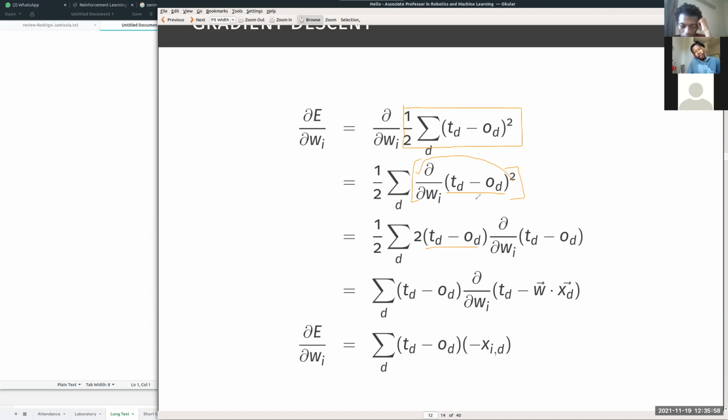Now that is the derivative of the inside term with respect to Wi. But because this is a constant, there's no derivative.